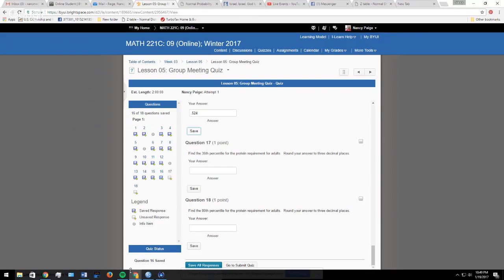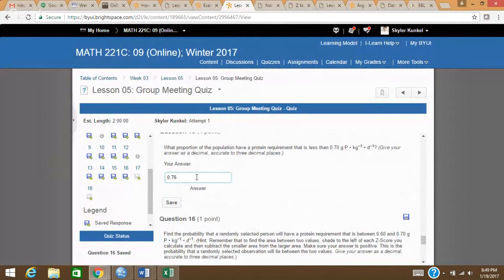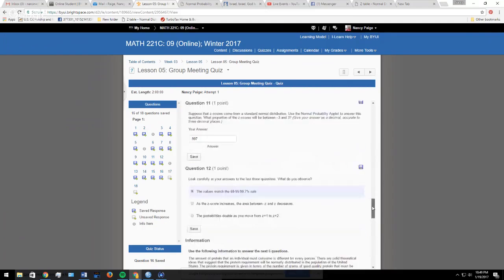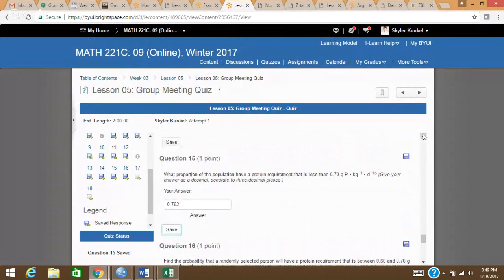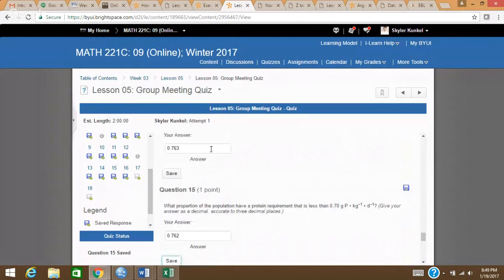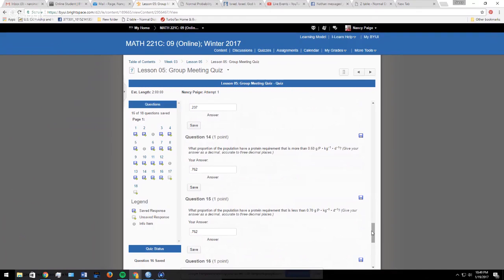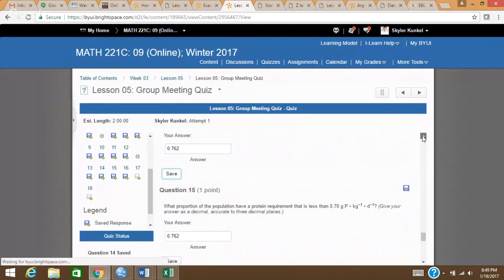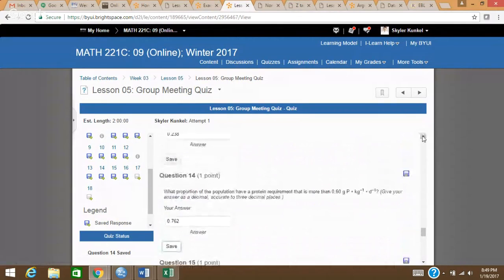Wrong answer. So remind me then, for question 15, is it 0.762 then? 15 is, yeah, 0.762. Okay, and 15 is the same as that, or 14 is the same, right?